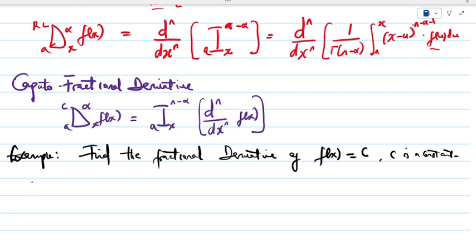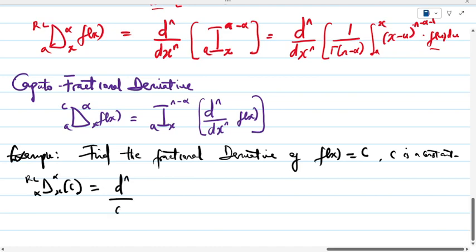So first of all, making use of the Riemann-Liouville fractional derivative, let's see what we are going to have as our results. We have this as our formula: the integration of order n minus alpha of c.